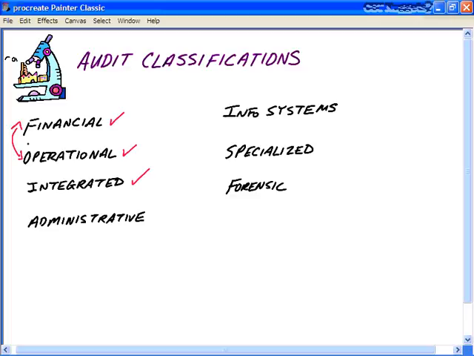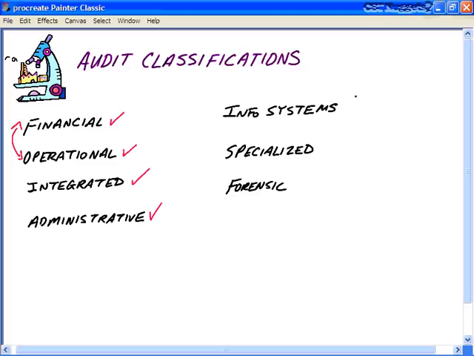An integrated audit can be done by external auditors, third party, or it can be done by an internal auditing team. Administrative audits are basically related to the organizational structure and control of your organization, related to the overall efficiency and productivity of the management of your domain.